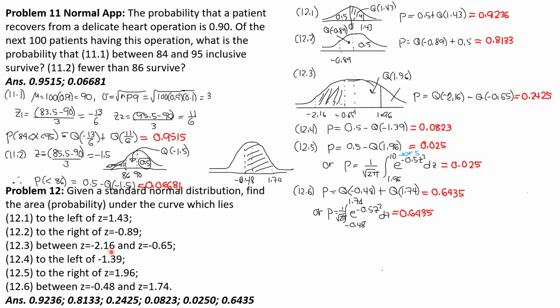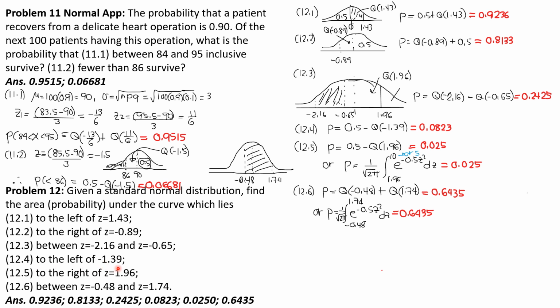12.3, between z equals negative 2.16 and z equals negative 0.65. So this is z of negative 2.16, z of negative 0.65, and we are required to compute for this shaded area here. So this is Q(-2.16) minus this area, which is Q(-0.65), and that is 0.2425. 12.4, to the left of negative 1.39.